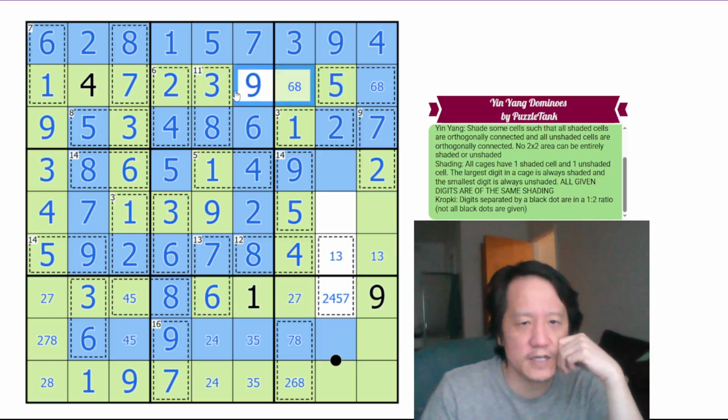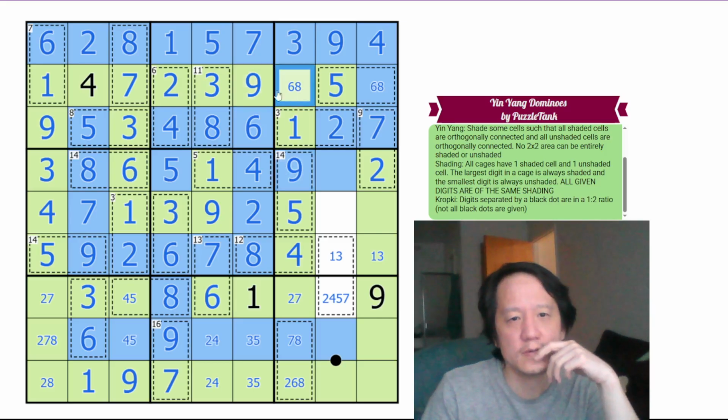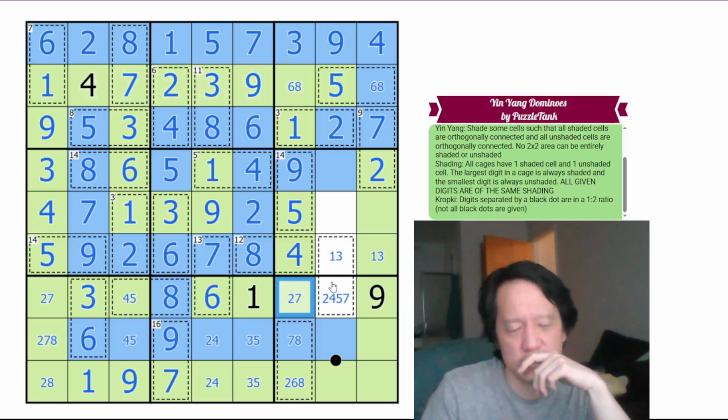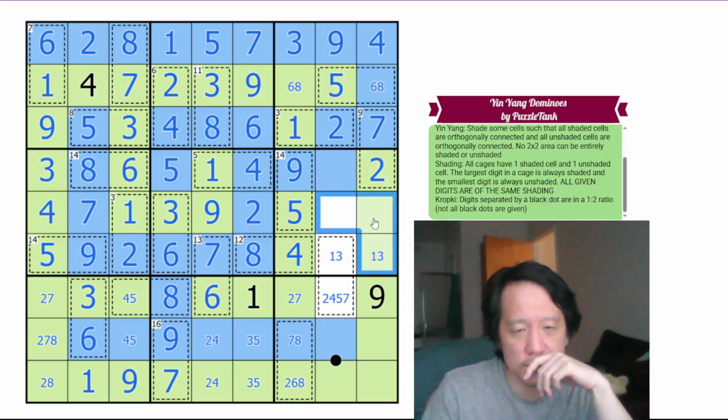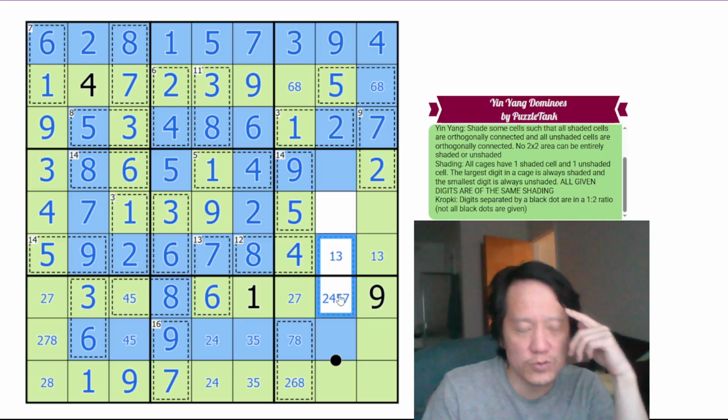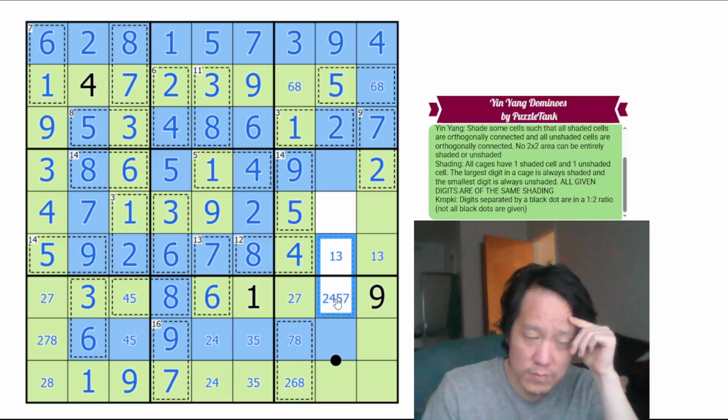This green has to connect, so this is green orthogonally. One of these is blue or green. I think you can have blue, blue.